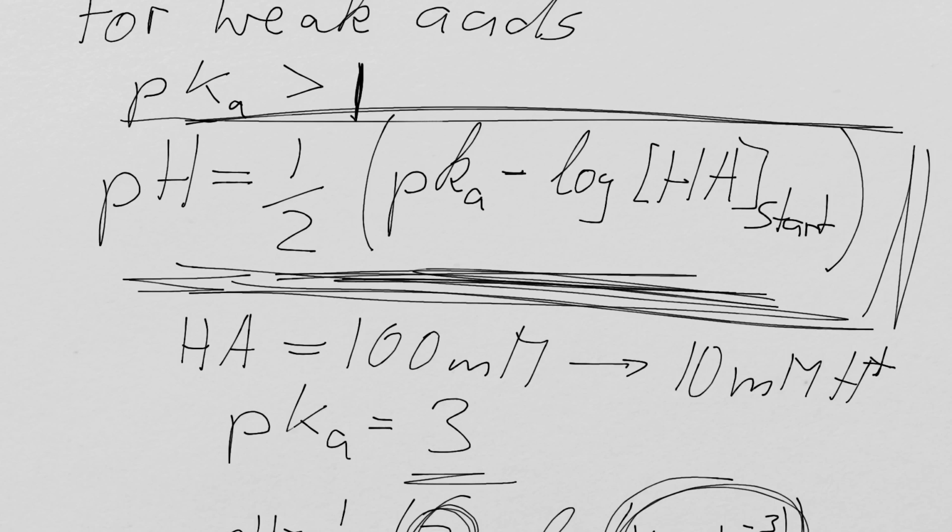So for that, you only need to know the pKa, and usually you can look up the pKa for substances. People have determined that. You look up the pKa, you know how much of the acid you have used, and you can calculate the pH.